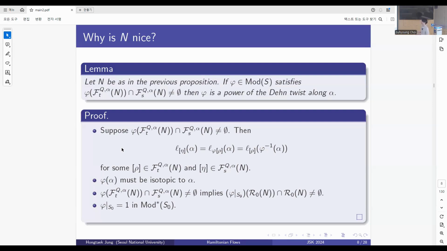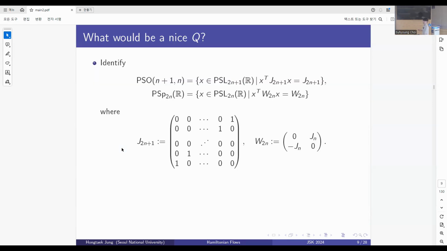So we have this lemma, and now I want to tell you what would be a nice Cartan subalgebra element Q. To do this, I need to embed our Lie groups PSO(n+1,n) and PSp(2n) into PSL(d,R) in certain ways.